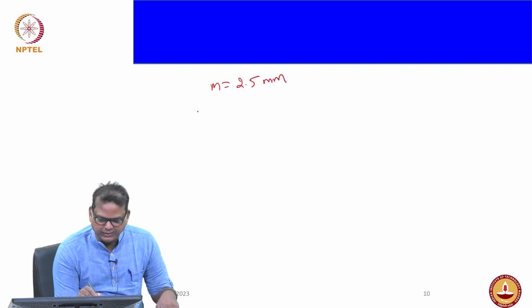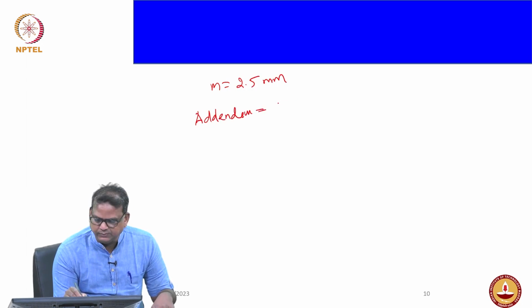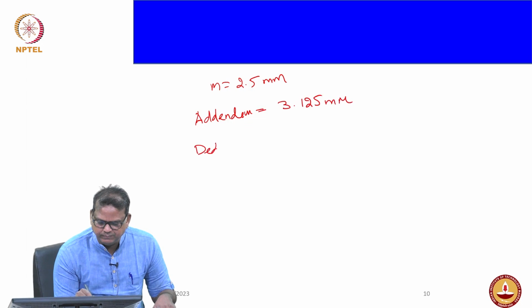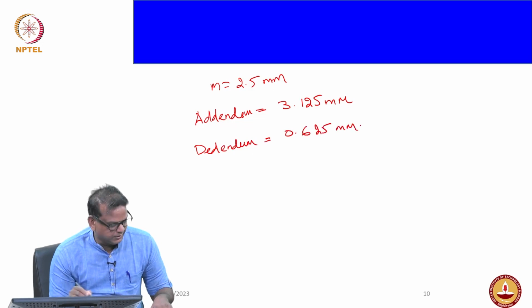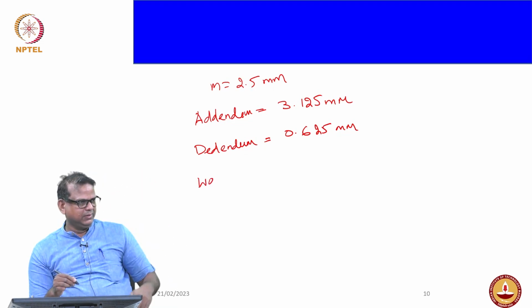Your addendum is 3.125 after multiplying. I am just giving the values right away. And dedendum is 0.625 millimeter, and working depth means from the top face to the base circle or pitch circle, the working depth.